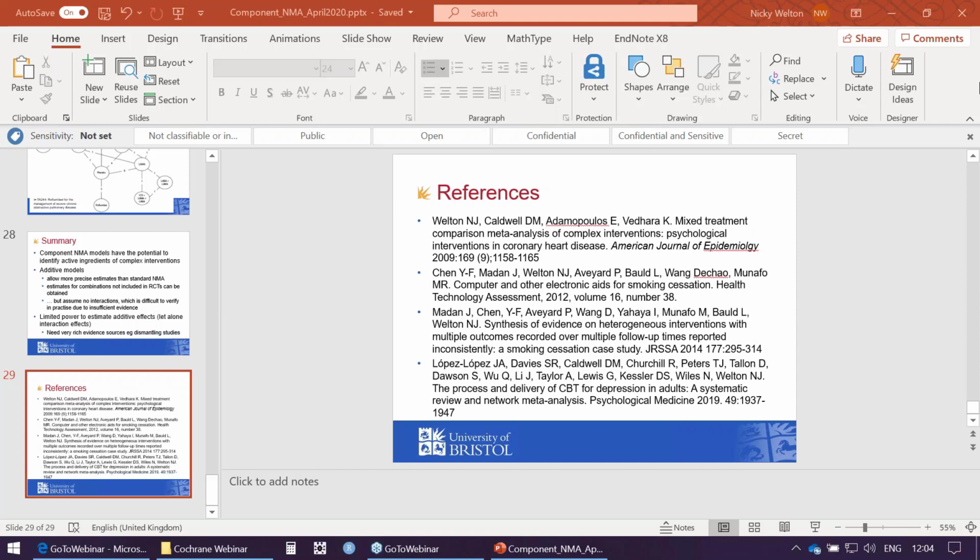A question I had was for Cochrane reviewers doing reviews with these complex interventions. If they expect they're not going to have a large number of trials, would you suggest they may be better to go with the approach of fitting the additive model rather than the full model?